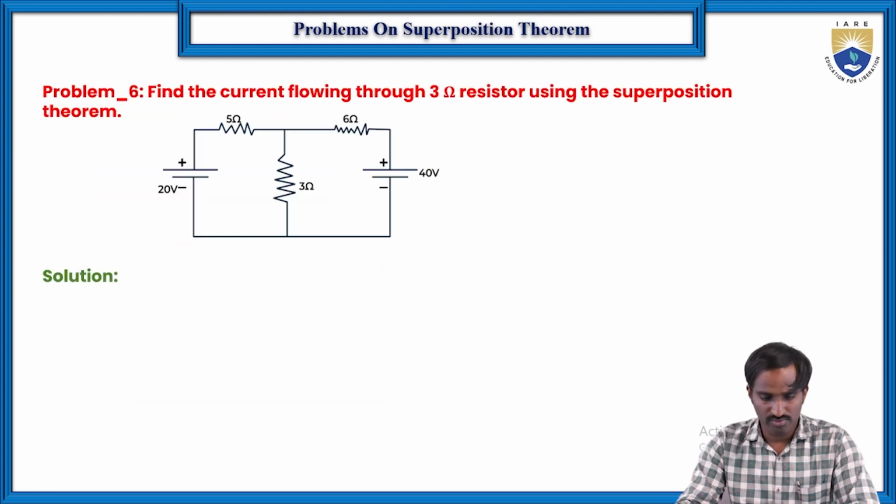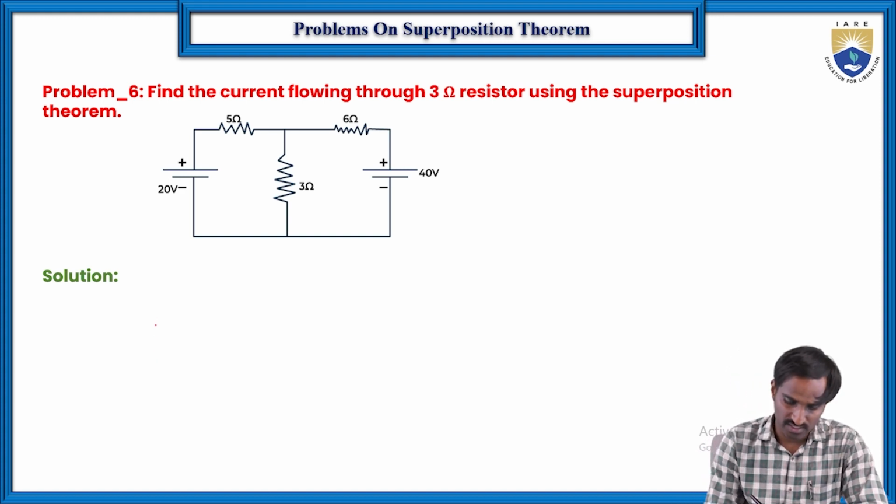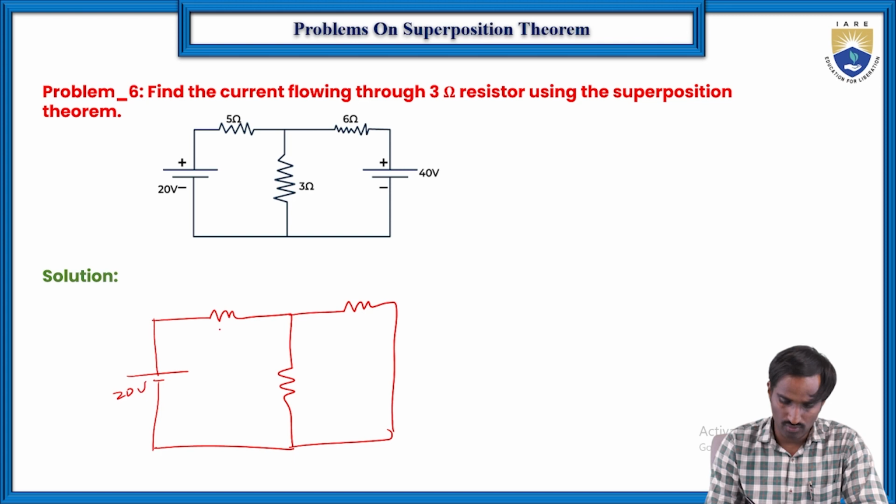Of course, one more problem is also there. It is very simple. In the first case, let us consider only one source. Here only the 6 ohm resistor is there. This is 20 volts, here it is 5 ohms, here it is 3 ohms and here it is 6 ohms.